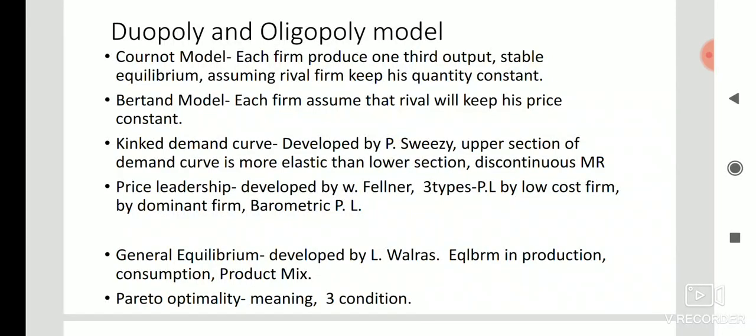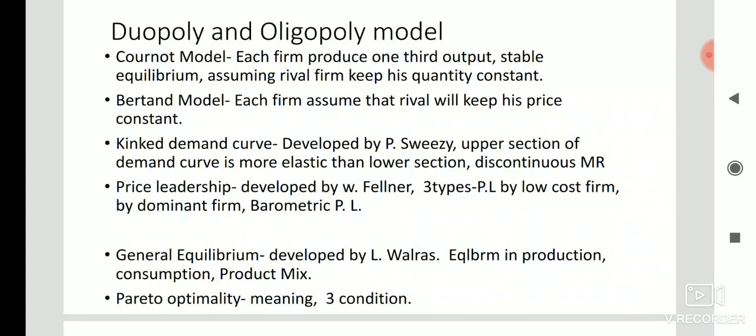The second model is the Bertrand model. In the Bertrand duopoly model, developed in the year 1883, one of the important assumptions, from which most questions come, is that each firm assumes that its rival will keep his price constant.